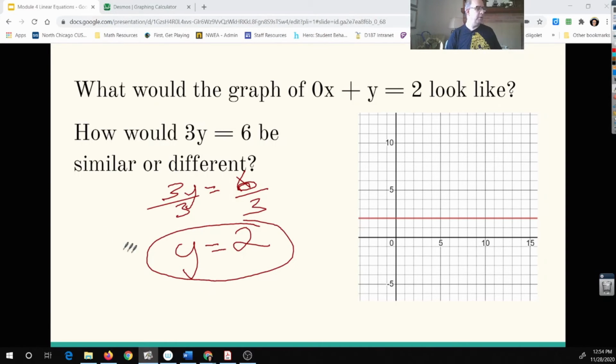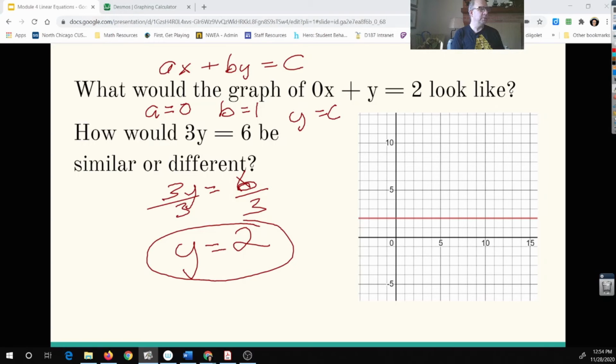So that's why they made a point of saying 1y instead of just a y, because our standard form is ax plus by equals c. And if a equals 0 and b equals 1, then we have y equals c.